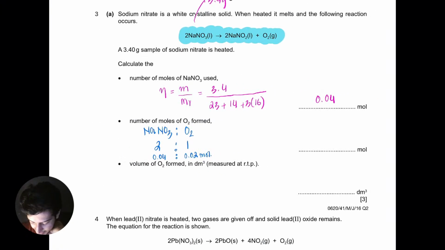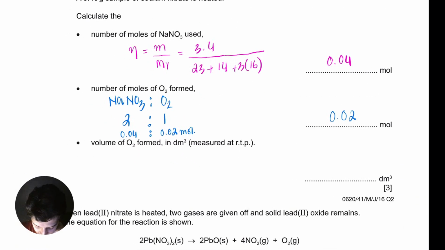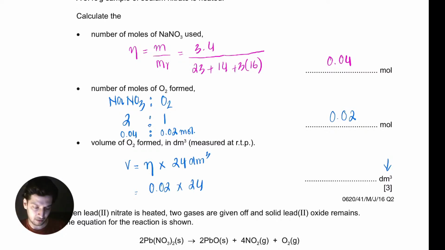Volume of oxygen formed is really easy as well. My volume is equal to the moles of that gas times 24. It wants it in decimeter cube, so 24 dm cube. 0.02 times 24 is 0.048 or something close to that. 24 times 0.02.